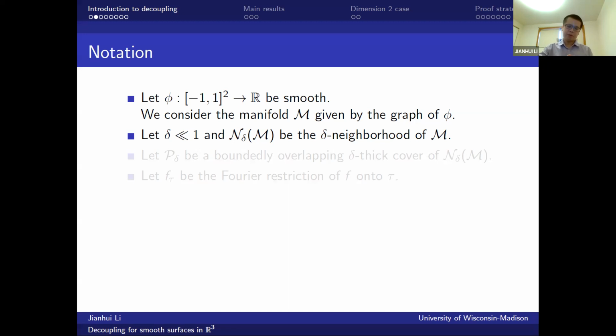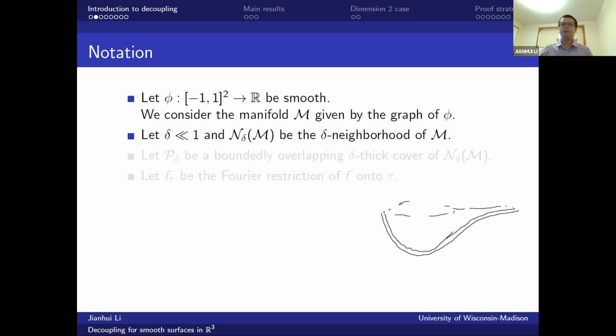What it means is that we start with a manifold in R3, and then we consider a slightly thickened delta neighborhood of it. This is a surface, okay? And taking the delta neighborhood gives a delta neighborhood of a surface.